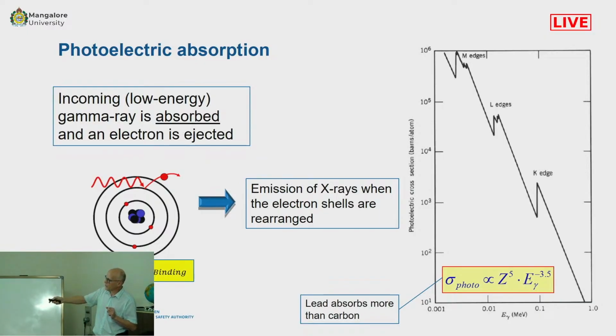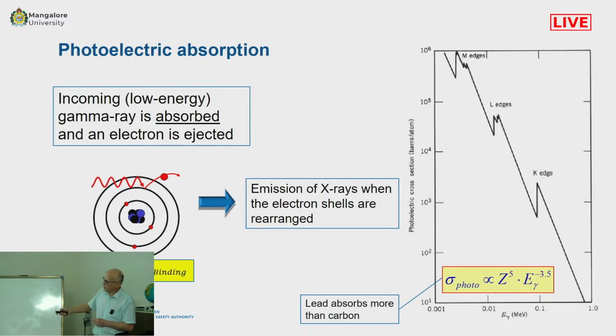For example, this photon kicks out this electron here, which means that there is an empty hole in the electron shell, and electrons coming from the outer shell may drop down, and that means there is an emission of X-rays.